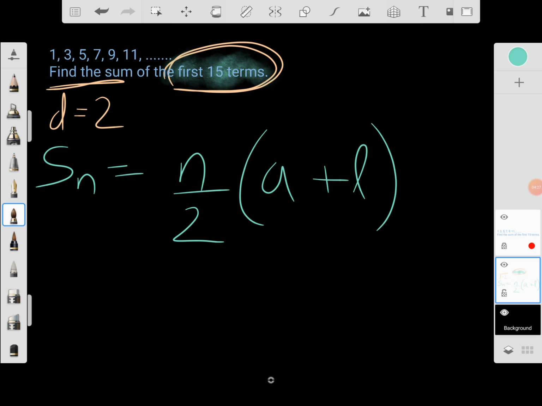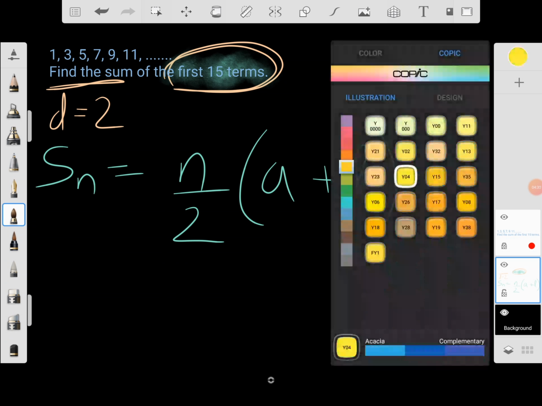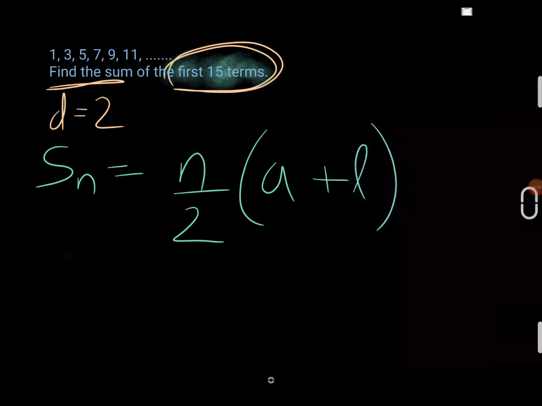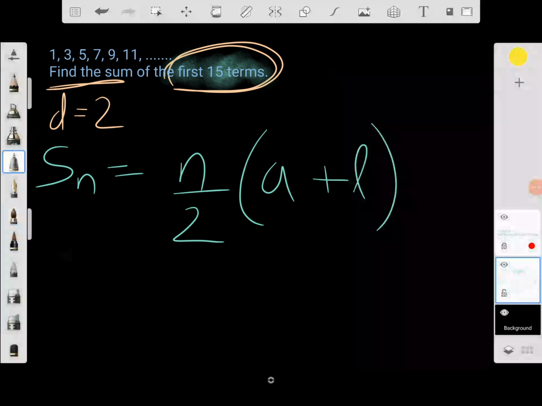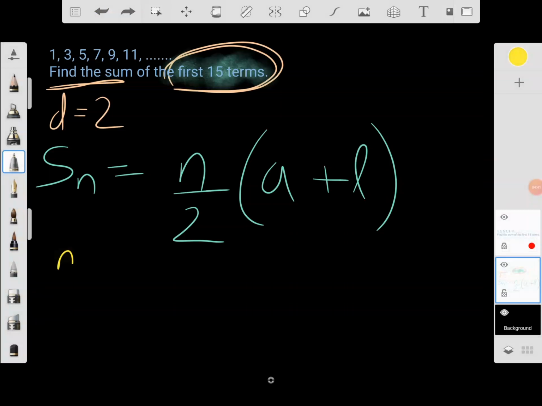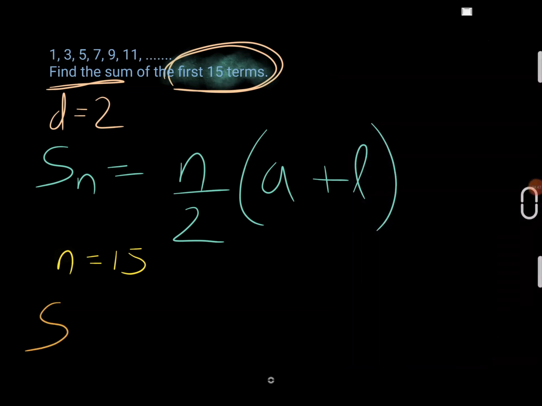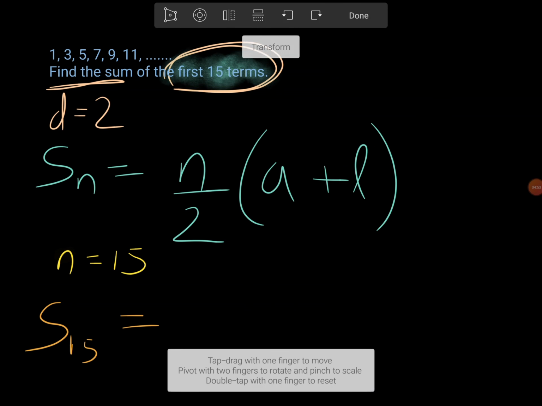So n is equal to 15 because I am only considering 15 terms. When n is 15, I can substitute into the formula.